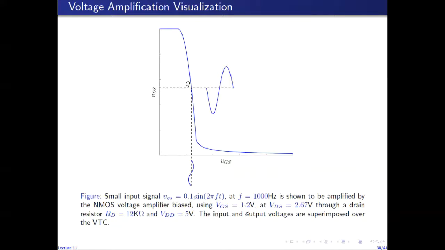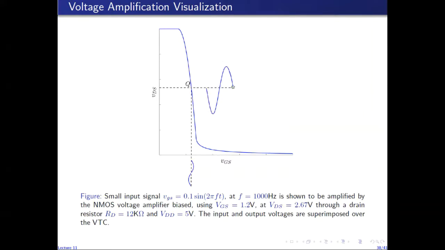So this capital VGS biases the transistor at an output DC drain to source voltage of 2.67 volts, which is represented by this dotted line here. The AC component of the output drain to source voltage is represented by this inverted sine wave.